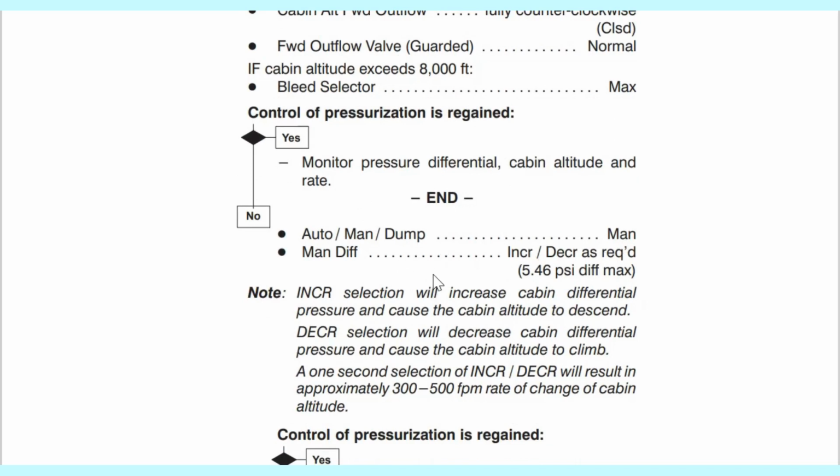If the cabin altitude is increasing, you want to decrease it, so you put the switch to increase. When you put it to increase, you are going to increase the cabin pressure. Cabin pressure and cabin altitude are inversely proportional. So when one goes up, the other goes down.